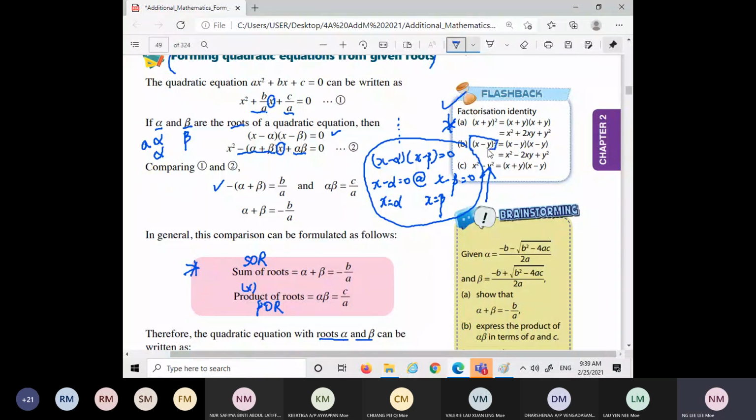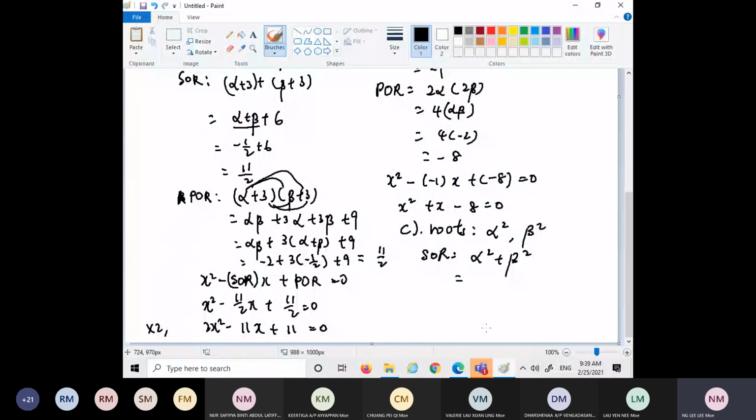I want you to pay attention on this. The B one. I'm going to write in the pen, I use another color. I write it here. That one is from the flashback, your textbook the B.